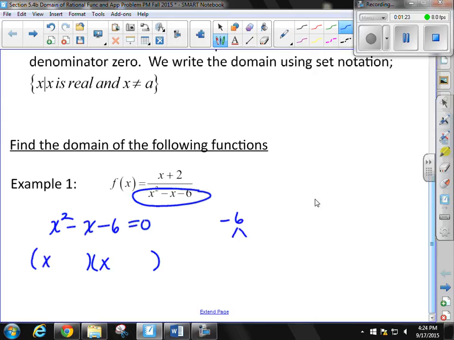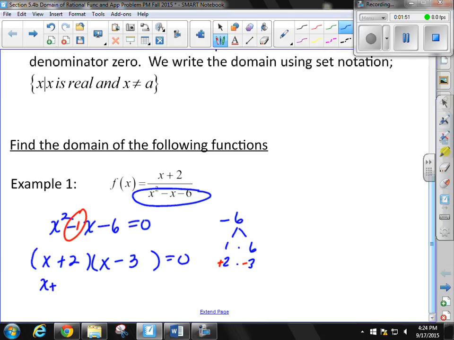Negative 6, when I look at it, factors are 1 and 6 or 2 and 3. To get the negative sign, one of those numbers has to be negative, and I need to be concerned also with my middle coefficient being negative 1. If I have a positive 2 and a negative 3, my middle coefficient will be negative 1. So x plus 2 times x minus 3, and it's equal to 0.